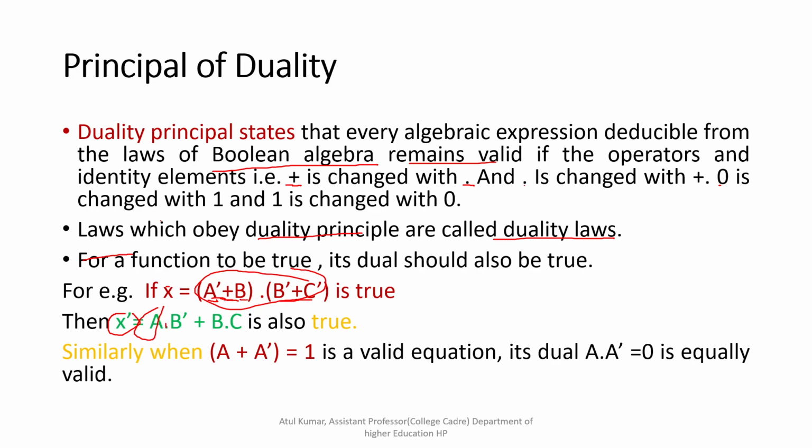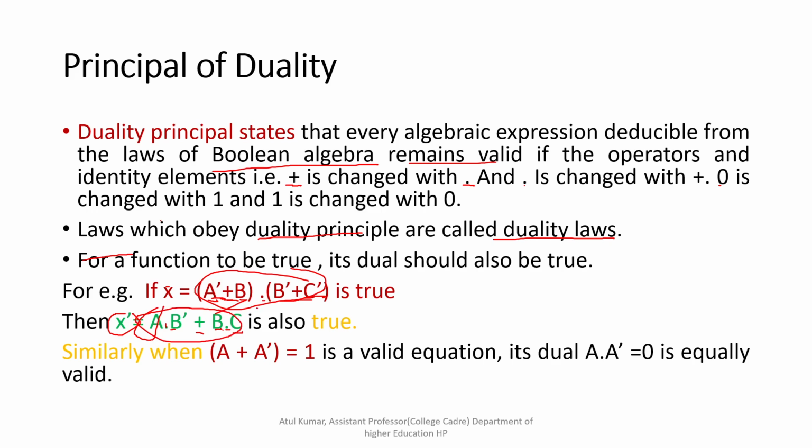We have variable b, so it is changed to b bar. We have a dot symbol, so it is changed to plus. We have b bar, so it is changed to b. We have a plus symbol, so it is changed to the dot operator. We have c bar, it is changed to c. So this is also true.